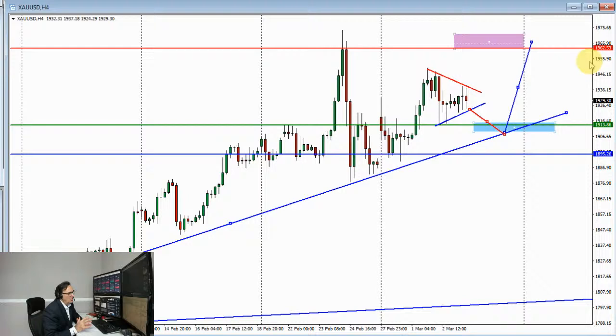So that's where gold is at the moment. I don't have any positions open in gold at this point in time, but that's what I'm looking at. If we see a strengthening US dollar, that could possibly have this type of reaction.